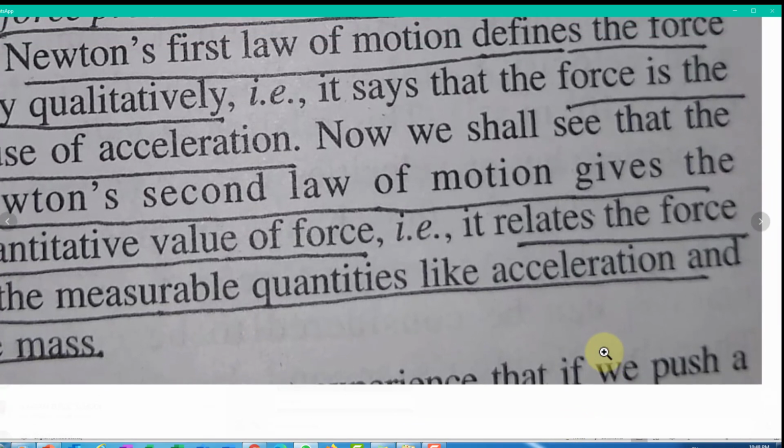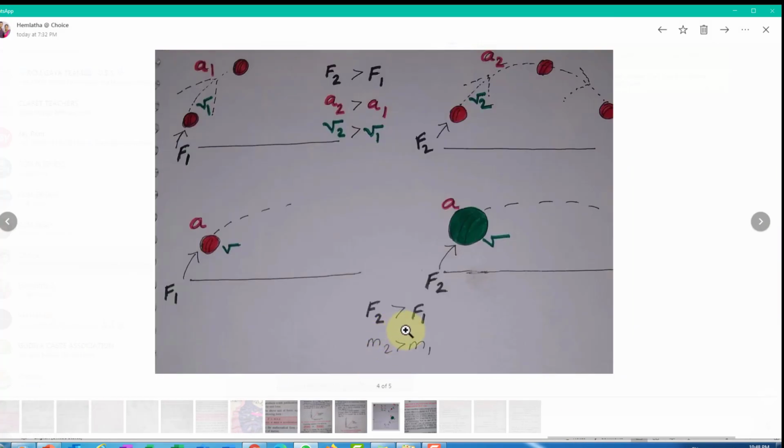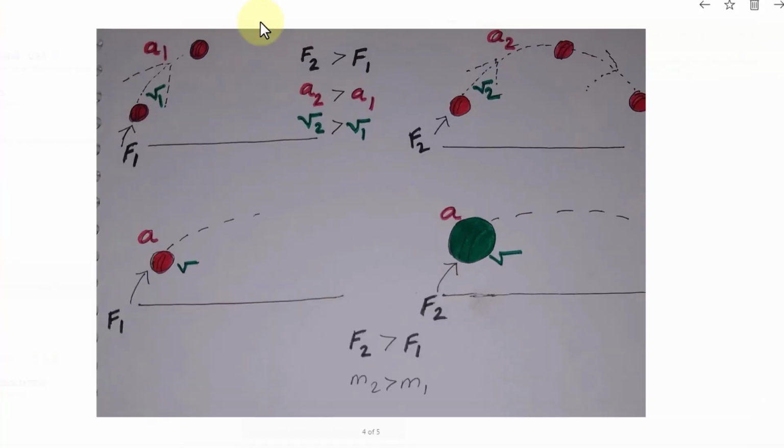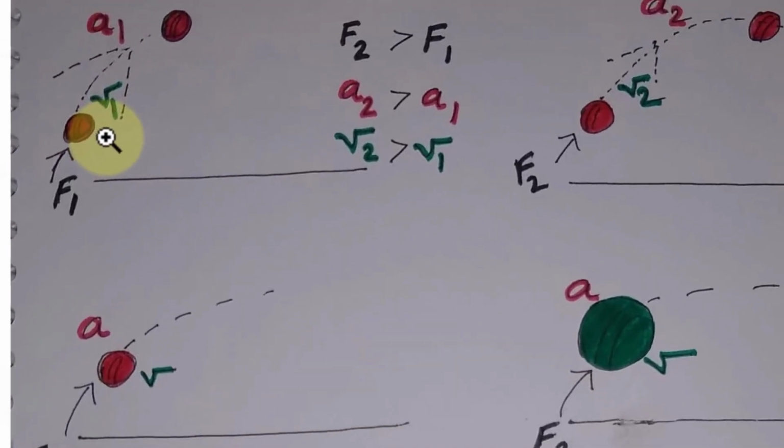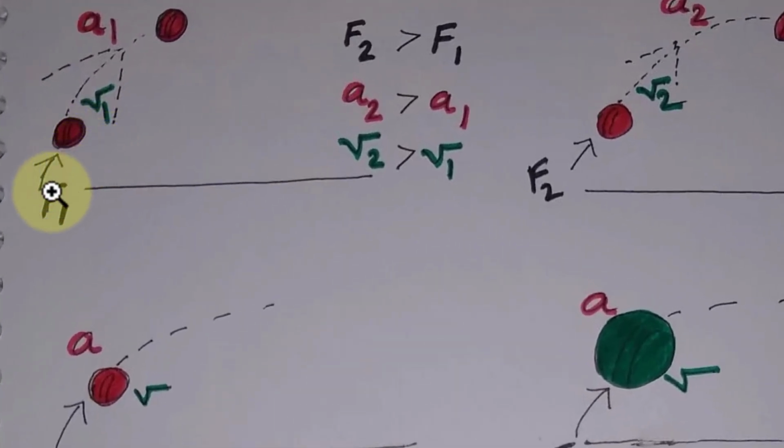Clear, children? Now you can see the first case. This is a tennis ball, a small tennis ball. F1 force is applied on the tennis ball. It moves with a velocity v1 and produces acceleration a1.